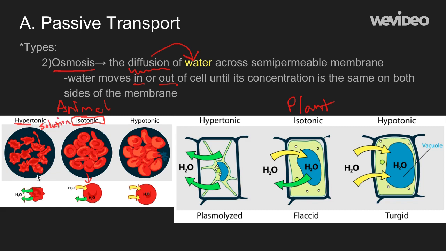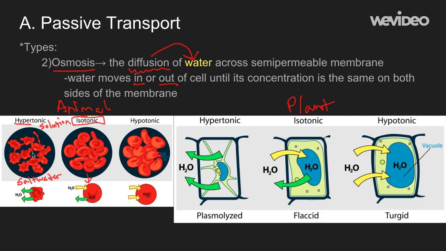Let's say we put a red blood cell in very salty water. Can the salt go into the cell? No. If the salt or the sugar can't go into the cell, water will move out of the cell to try to dilute that concentration.